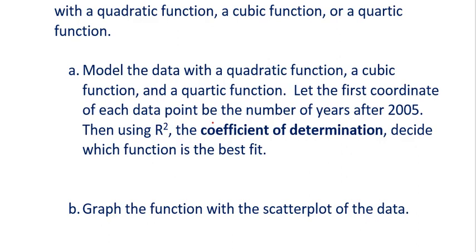And so in part B, when they ask us to graph the function with the scatter plot of the data, you will have to turn your scatter plot on to see it, and you will have to put your quartic function in y1.